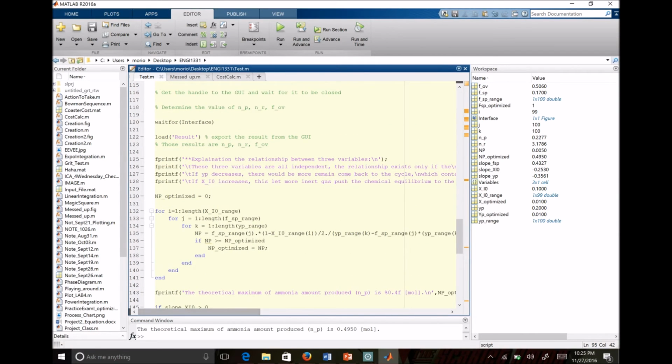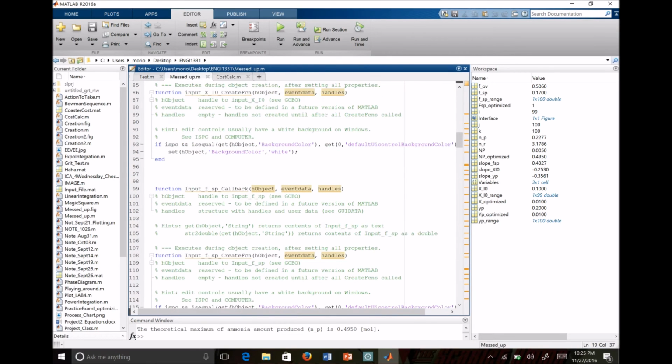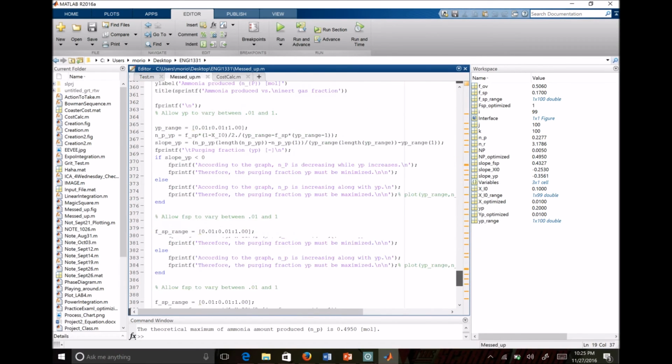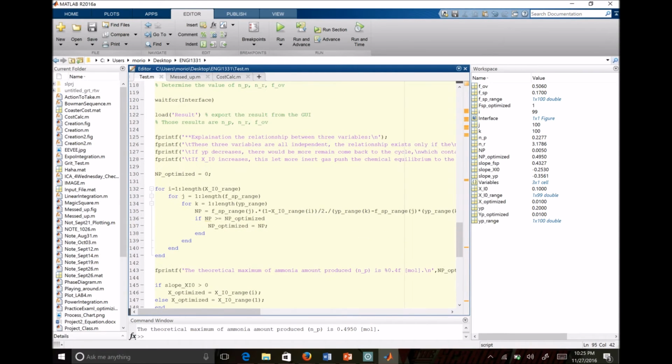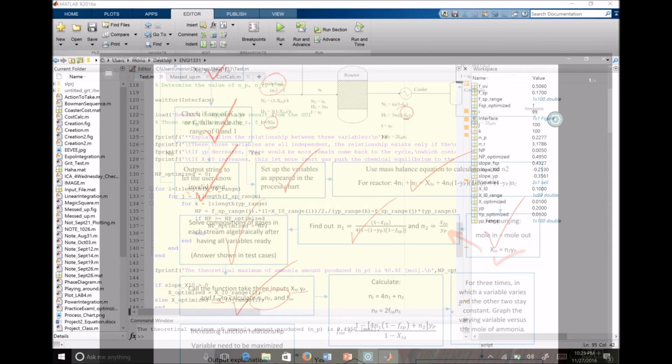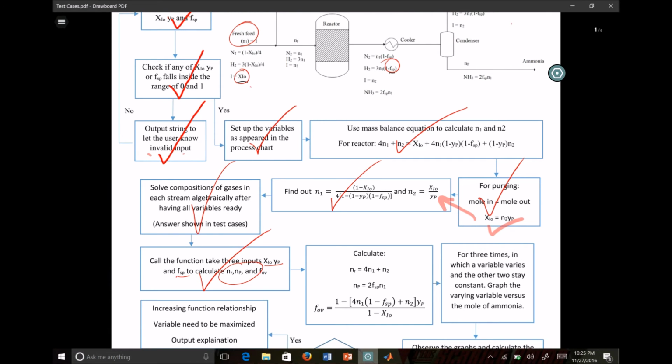Basically, I create a range of everything, like 0.1 to 0.99, and I output it, and I use the same thing from 1 to whatever. Like I check every single thing, just like in my algorithm.